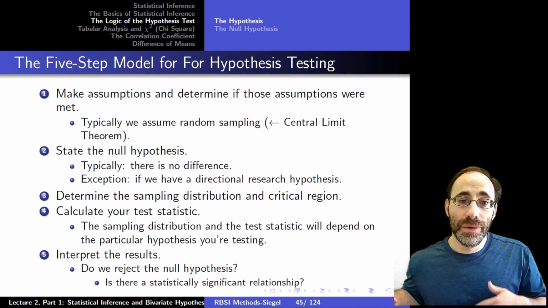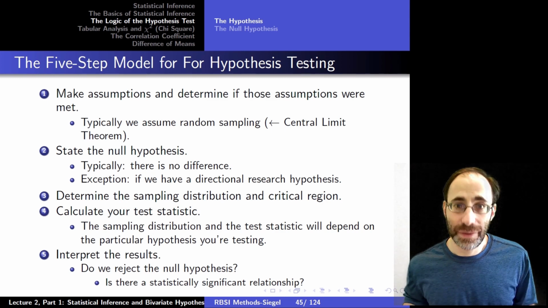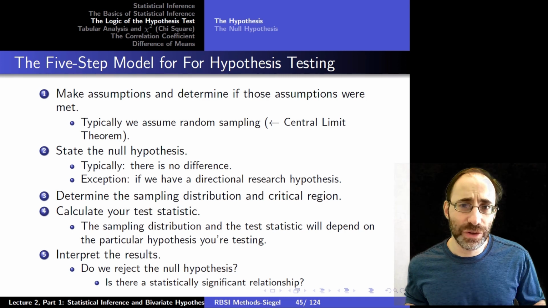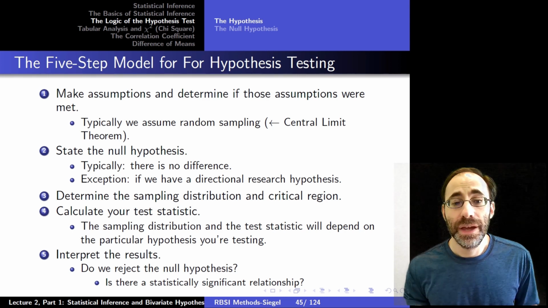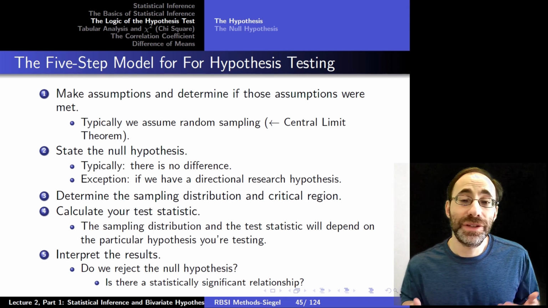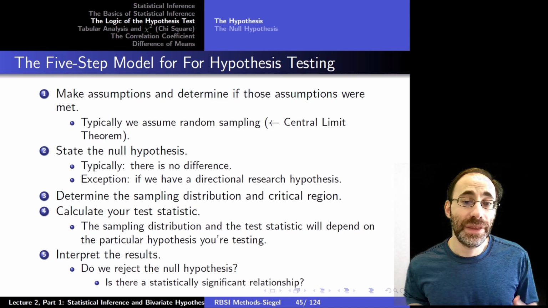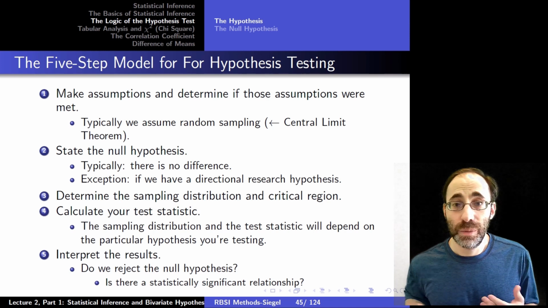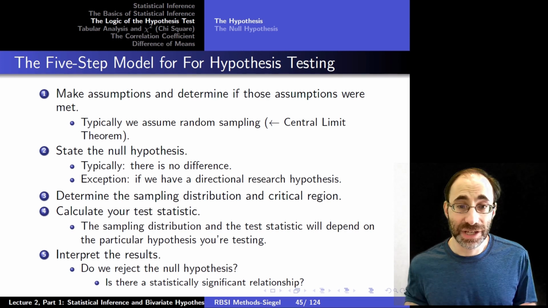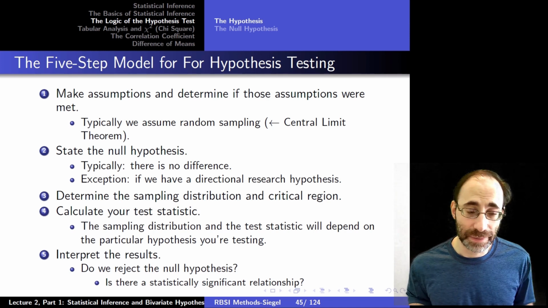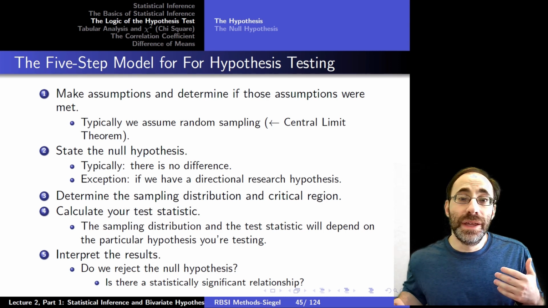Okay. Once you've done that, and these are all sort of theoretically driven, except for one where you try to show that your assumptions are true, you then have to determine the sampling distribution and the critical region. Now this is all determined by what kind of data you have and what's your data generating process, as we discussed briefly last module.